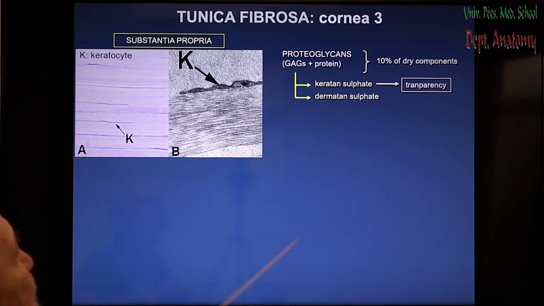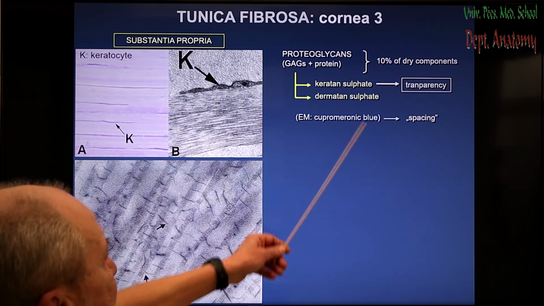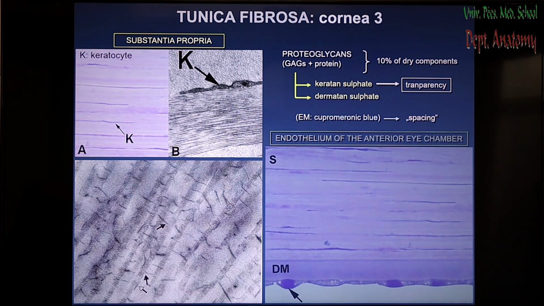Dermatan sulfate is not unique to the cornea, found in every dense collagenous connective tissue. There is a specific staining, the cuprolinic blue, which reveals cross bridges, proteoglycans between these microfibrils, and these are the things which keep the constant distance between the microfibrils themselves.